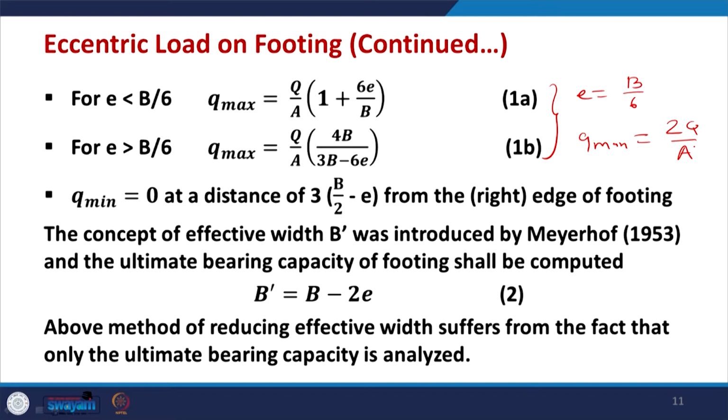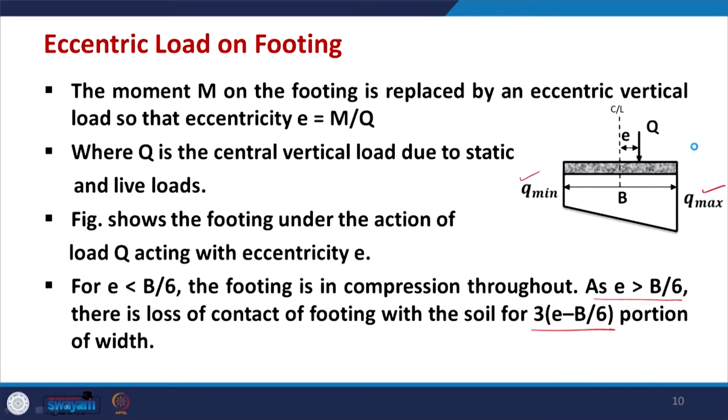However, even if e is greater than B by 6, Q minimum may still be 0 at some point, if you extend this footing. The distance of this point from the edge can be found out.